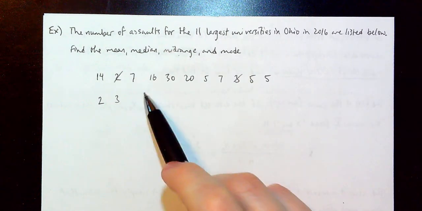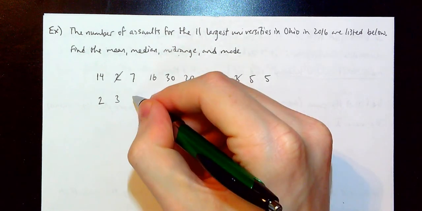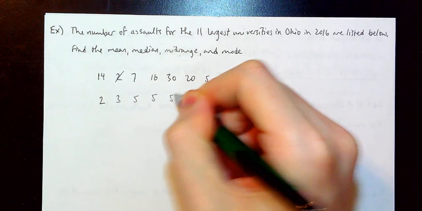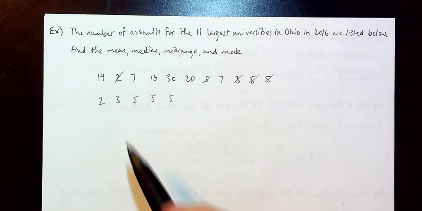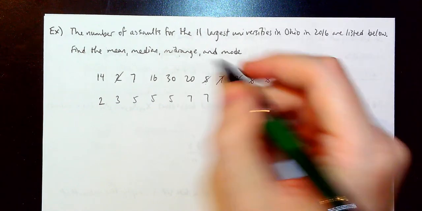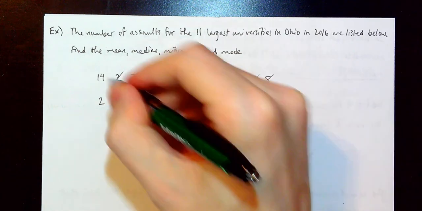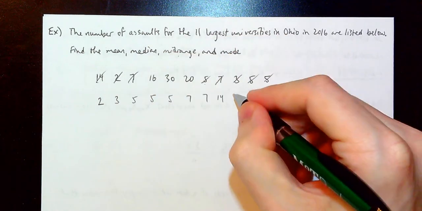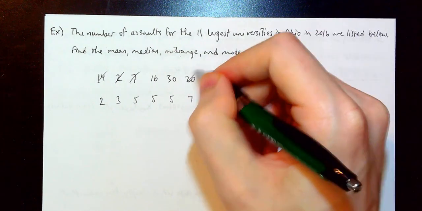Next number up from 3, there's 5. I have 3 5s. Then I have 2 7s. Then I have a 14, a 16, a 20, and a 30.